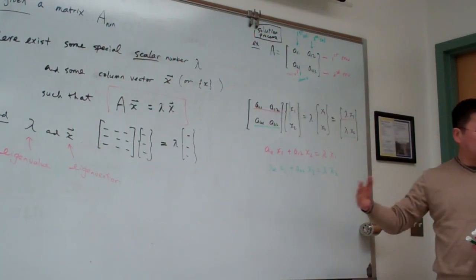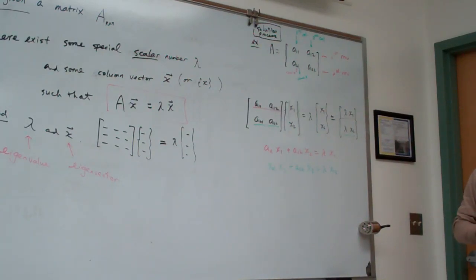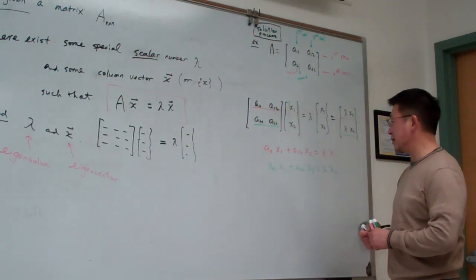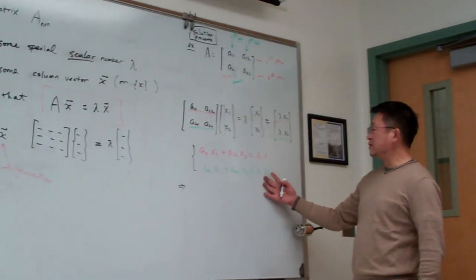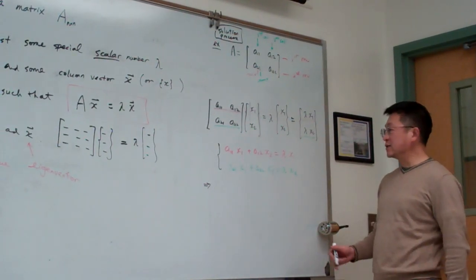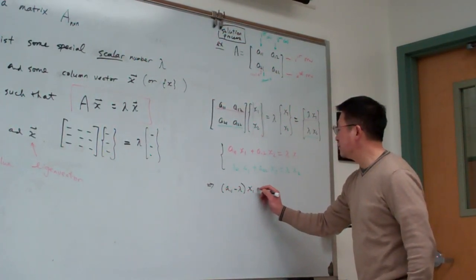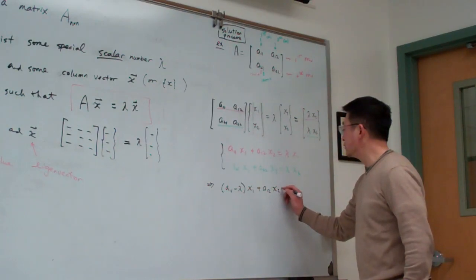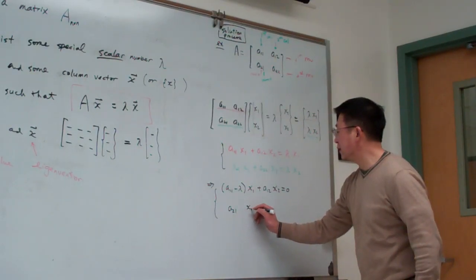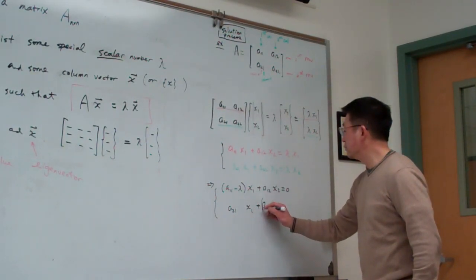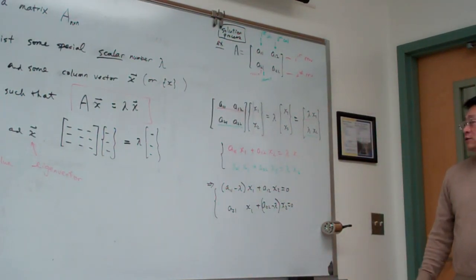Okay, and then I continue. For the first time I do this in detail, but later on, once you get used to it, you can skip the detailed steps. Let me move the right-hand side into the left-hand side and combine the terms. That is A11 minus lambda times x1 plus A12 x2 equals 0. The second equation is A21 x1 plus A22 minus lambda times x2 equals 0.